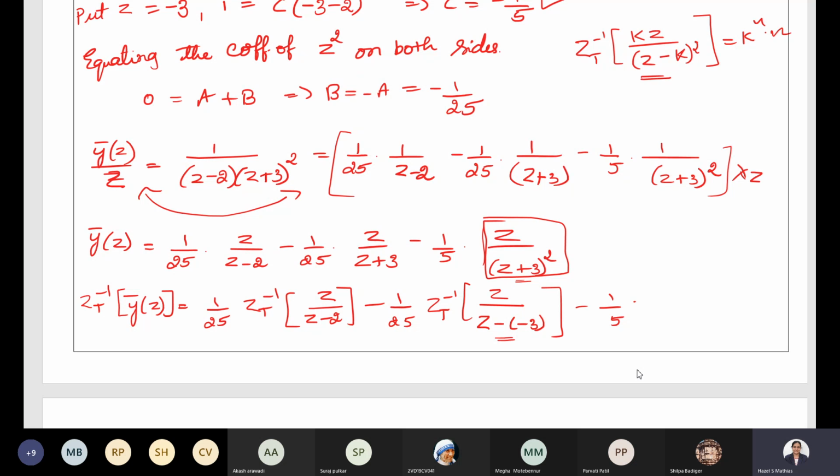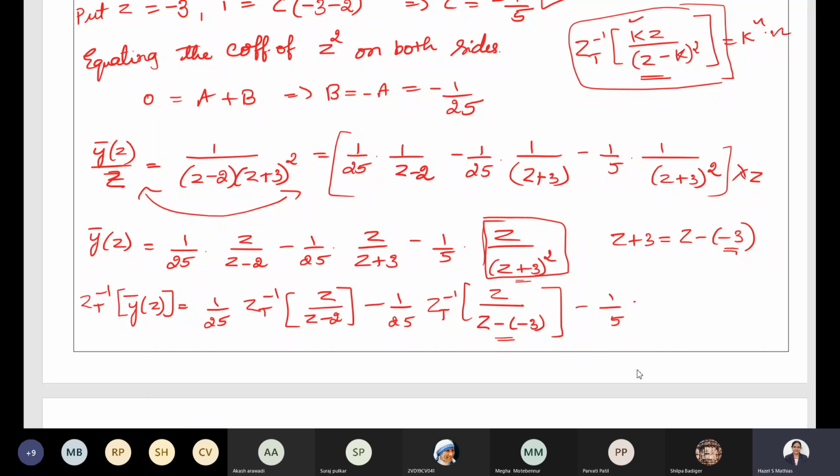But here what is the problem? It is Kz divided by Z minus K. Z plus 3 you can write as Z minus of minus 3. So our K is now minus 3. In order to apply this formula, what should I do? I should have K over here in the numerator. But here there is no term K in the numerator.